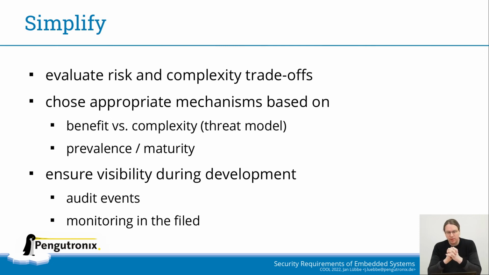So you should choose the appropriate mechanisms based on their complexity and what the expected benefit is. And that is, again, where the threat model comes in. And you should look at the prevalence and maturity of the security mechanisms you want to use. So, if possible, prefer mechanisms that have been proven in the field.